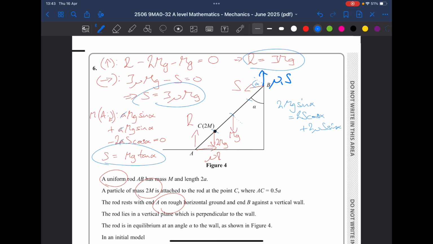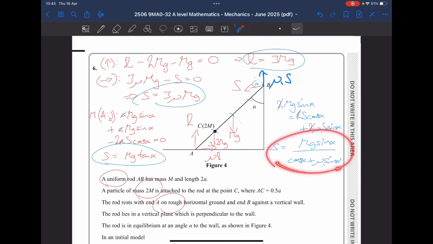So how does this affect us? If we again rearrange for S, all our 2's can go away. S will be equal to mg sine alpha over cos alpha plus mu sine alpha. Again, these should all be mu1 really.